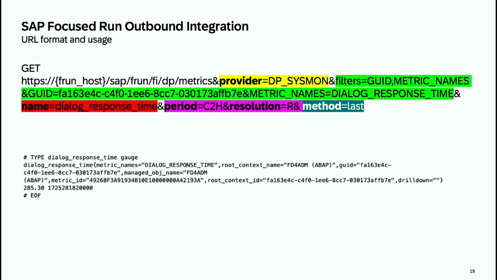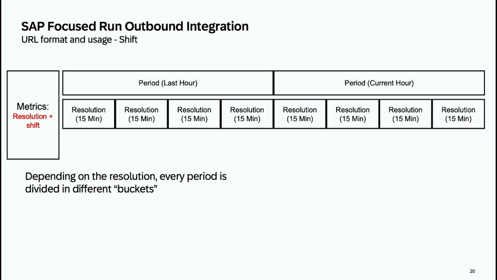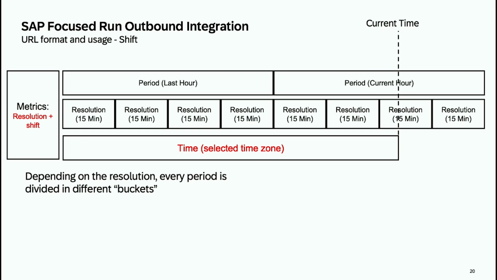And that's why we also introduced this additional parameter. So it's a shift parameter. You can add it at the end. You can assign a value, okay? This is just to explain the concept. Let's say, depending on the resolution, like in this example, we have 15 minutes, right? You select a resolution and a certain period. In this case, current 2 hours, okay? So all the period is divided in different buckets, okay?